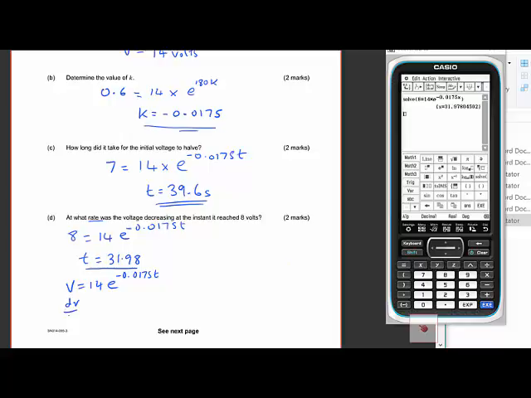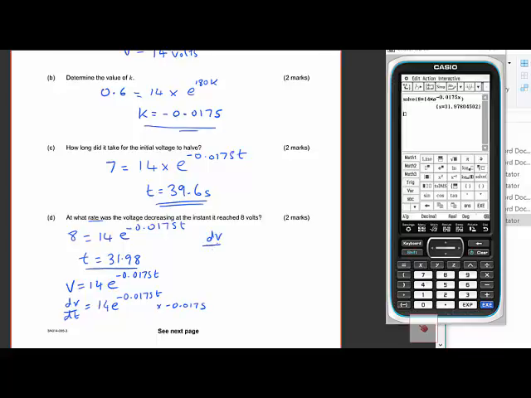So dV/dt would be 14 e to the negative 0.0175 t multiplied by negative 0.0175.